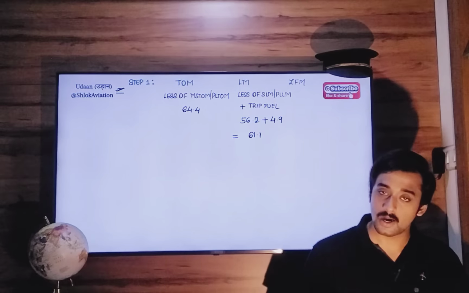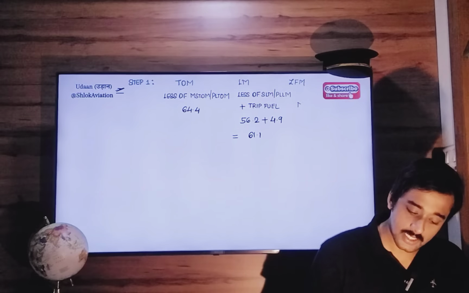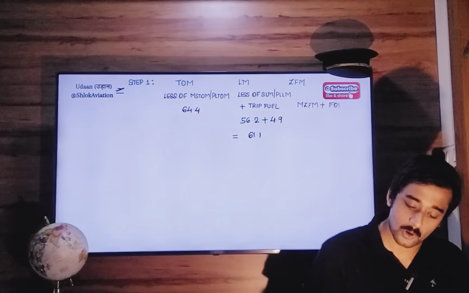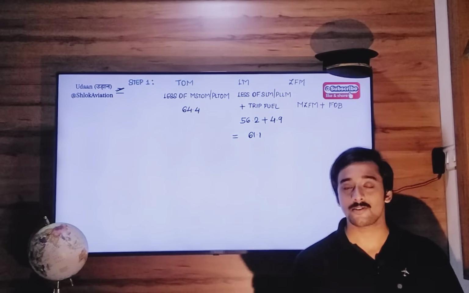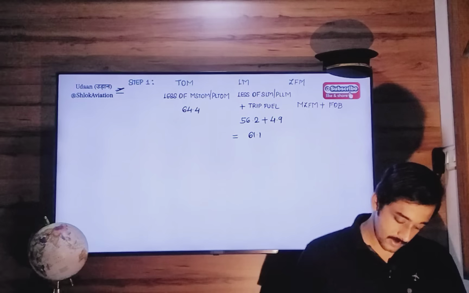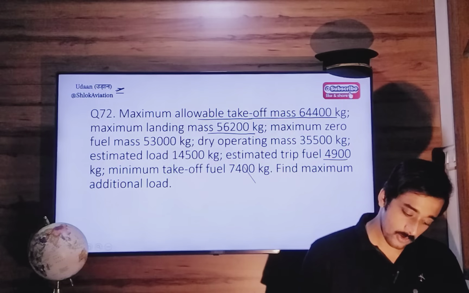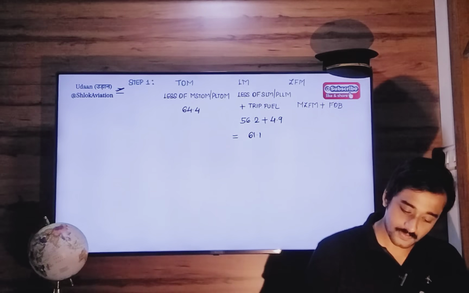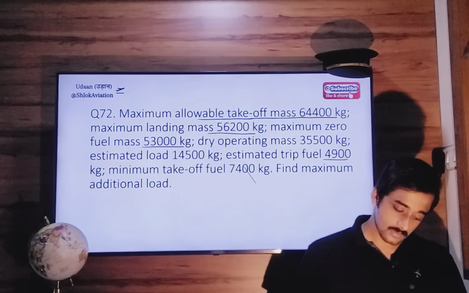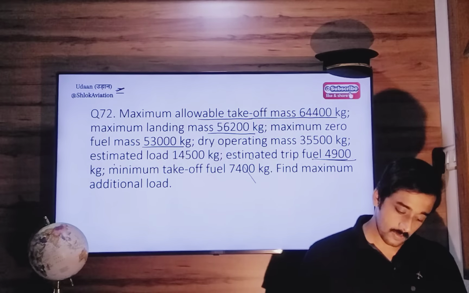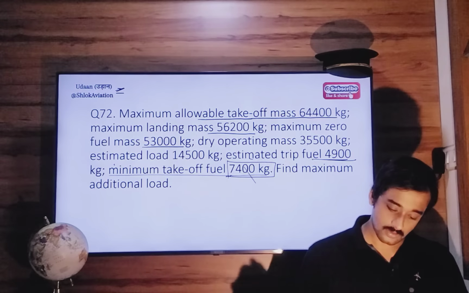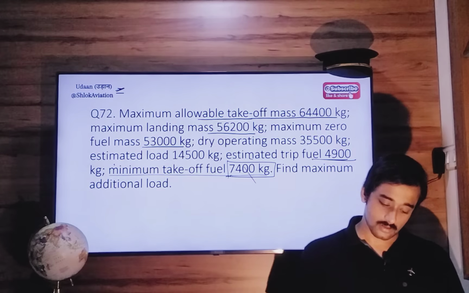Next, in the zero fuel mass column, you are going to write the zero fuel mass value, and to that you are going to add fuel on board, also known as takeoff fuel, the fuel in your fuel tanks when you are ready for takeoff. So what is the zero fuel mass? 53,000. Fuel on board, minimum takeoff fuel, is 7,400.